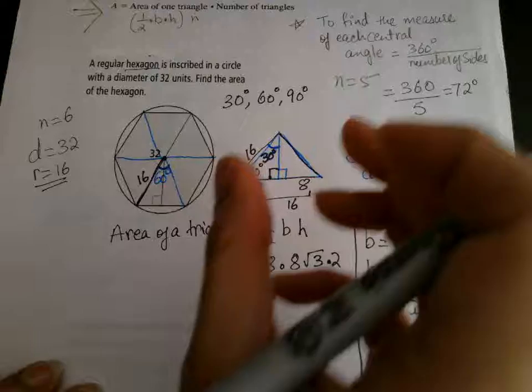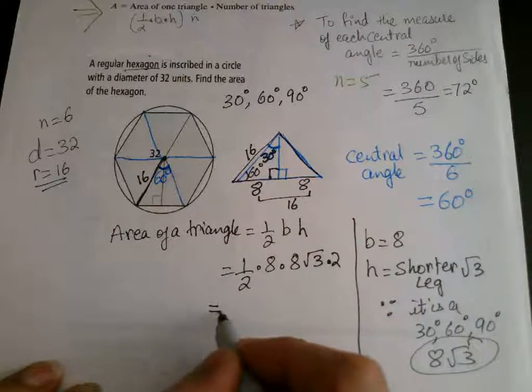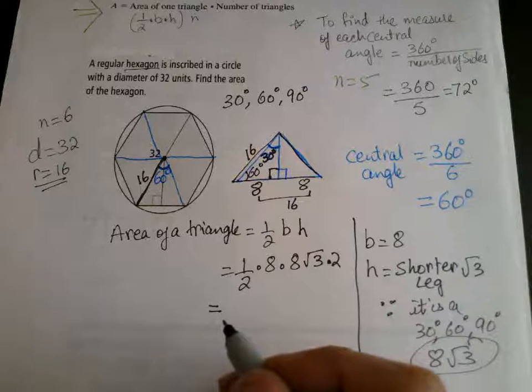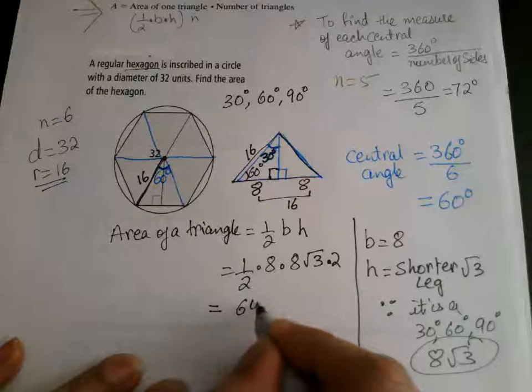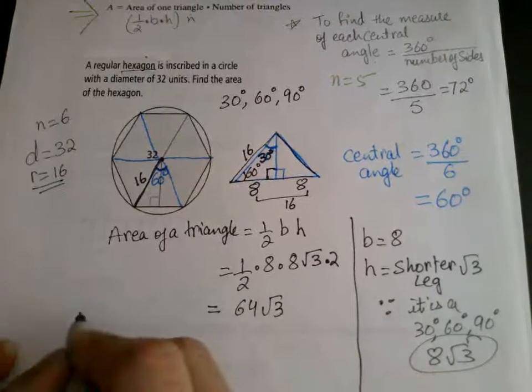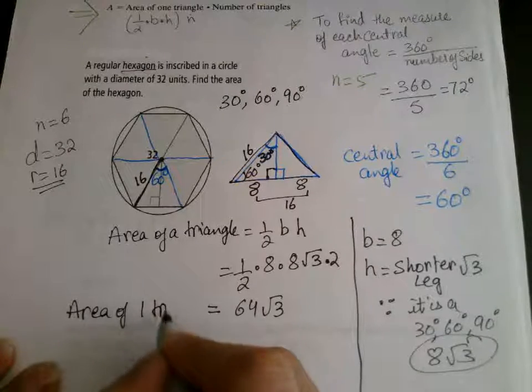And this is only one part of the 6 triangles. If you simplify it, it will give you 64 radical 3. Now, this is the area of one triangle.